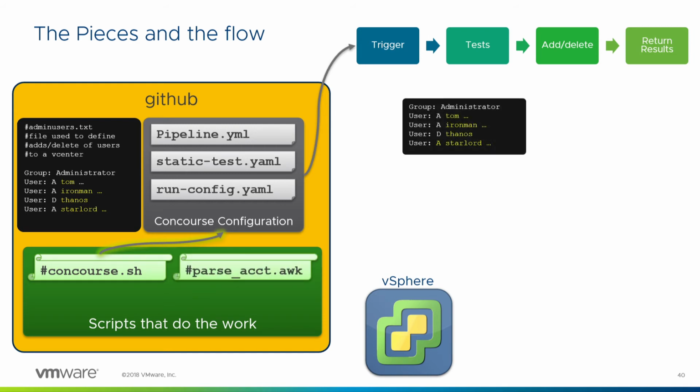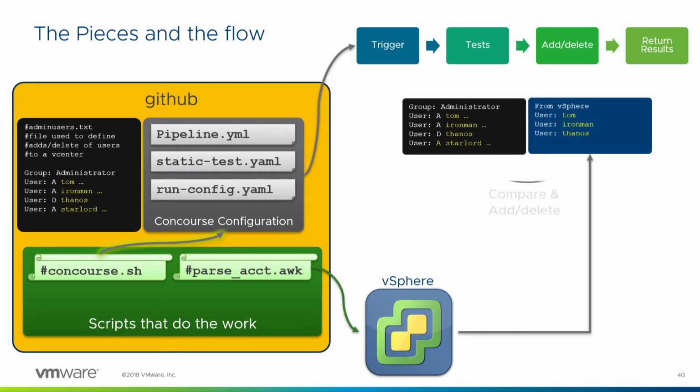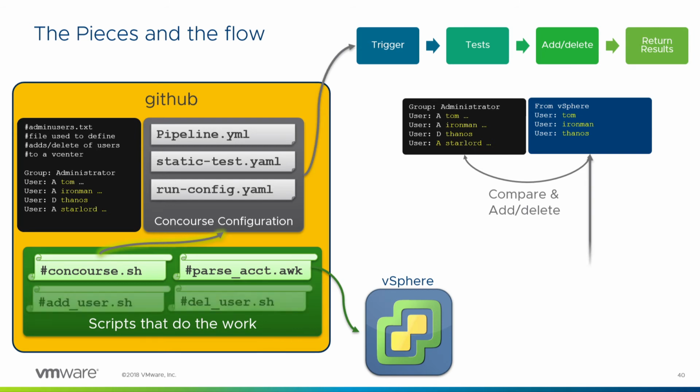And the other thing here, we've got parse account. That's the thing that's going to go out to vCenter and actually compare the 2 files. So what it does, it knows admin users.txt. It goes out to vSphere then and compares what's in vSphere to what's in my admin.txt, and it makes a decision on, do I need to add or delete?